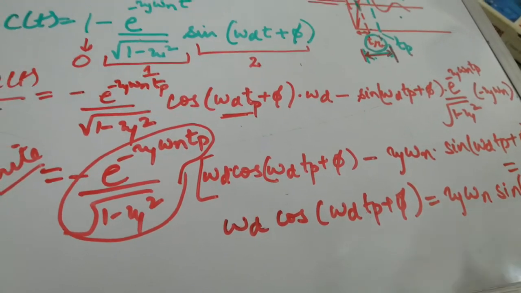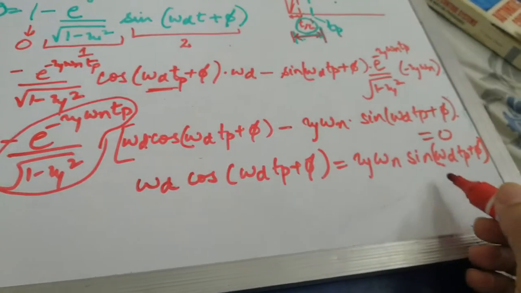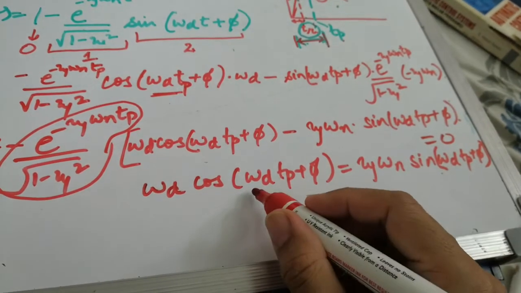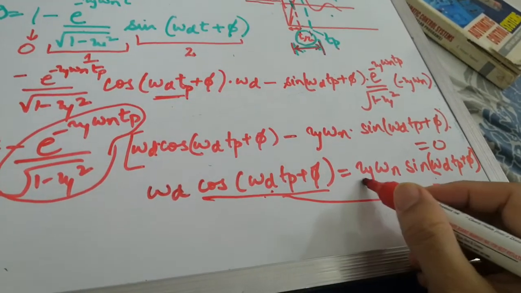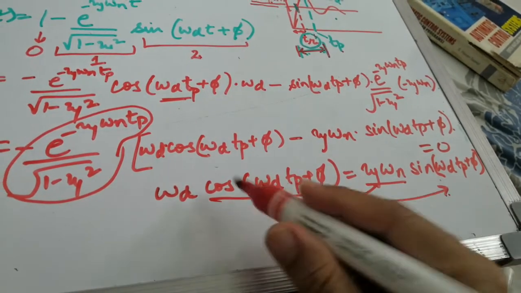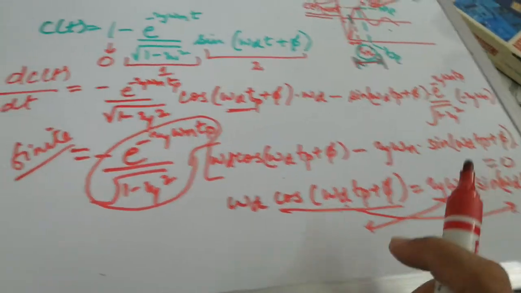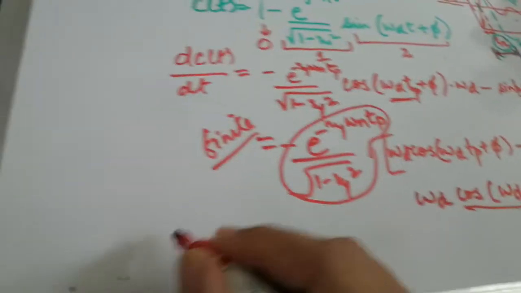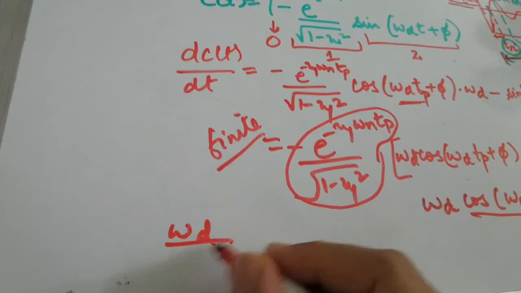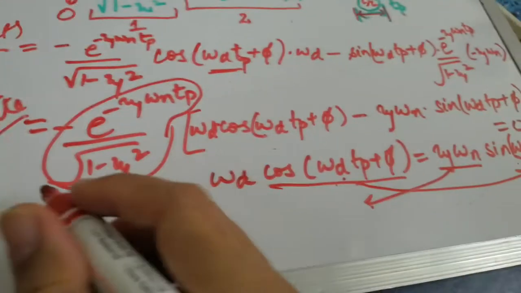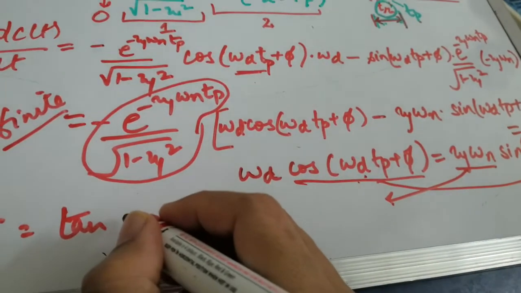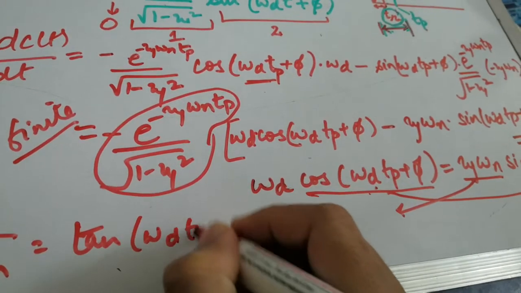Now I think you know what to do, because you all know sine here, cos here. We can shift this cos function to there to make it a tan, and we can shift this function to here to make it omega d upon zeta omega n, right? So here we have got omega d upon zeta omega n equals tan of omega d tp plus phi, because the angles are the same.